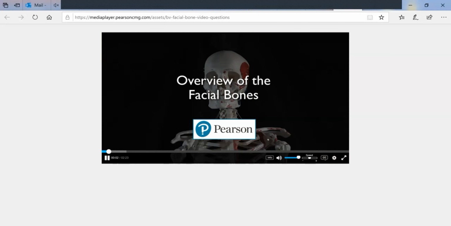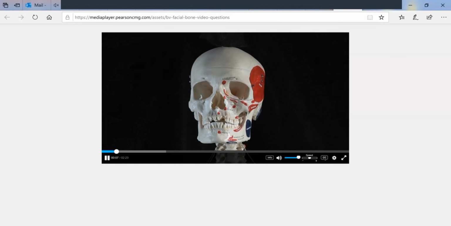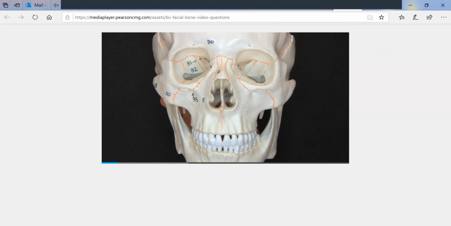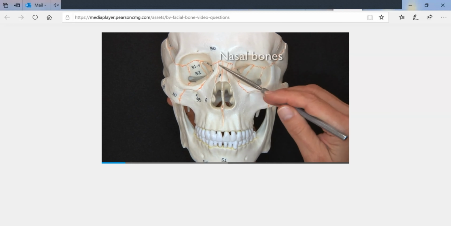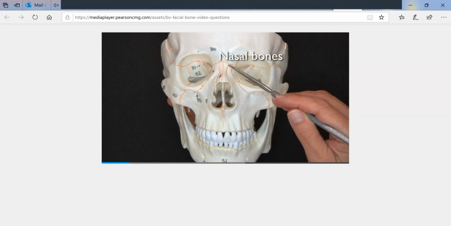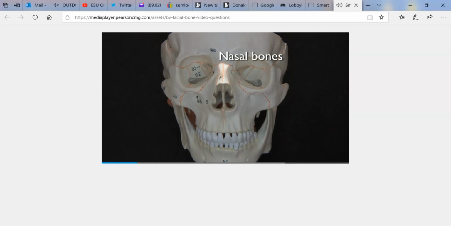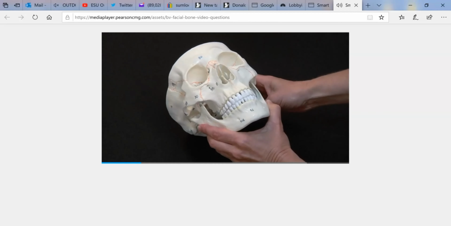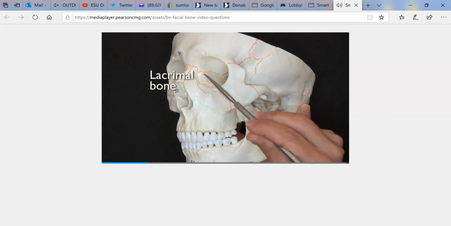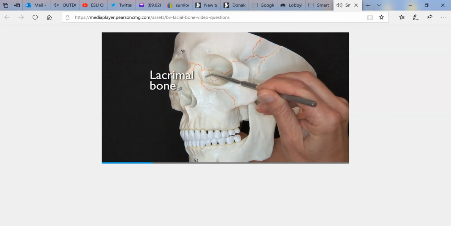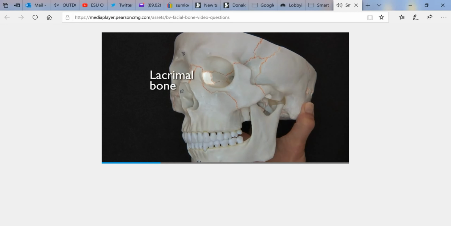Overview of the facial bones. Let's begin our overview of the facial bones. There are 14 facial bones that make up the delicate features of the face. These are the nasal bones. They make up the bridge of the nose. The lacrimal bones are very small and hard to distinguish from the surrounding area. This is the left lacrimal bone in the medial wall of the orbit.